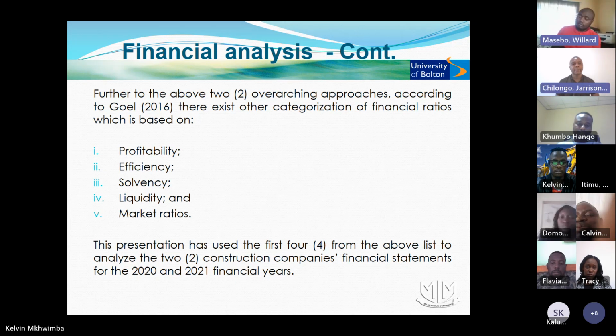And under that, profitability, efficiency, solvency, liquidity, and market ratios. But for our presentation, we have used the first four from the above list, and these have been used to analyze the two construction companies which we have already mentioned earlier, and the analysis has been over the years of 2020 and 2021.